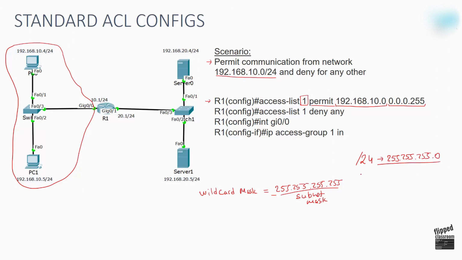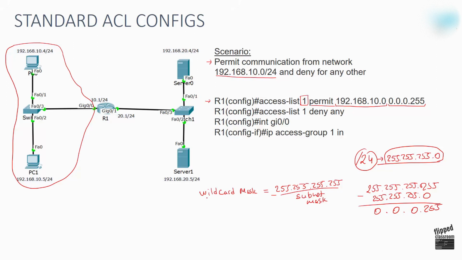To find the wildcard mask for this subnet mask, you use this formula: 255.255.255.255 subtracting our subnet mask. At the end we'll have 0.0.0.255.